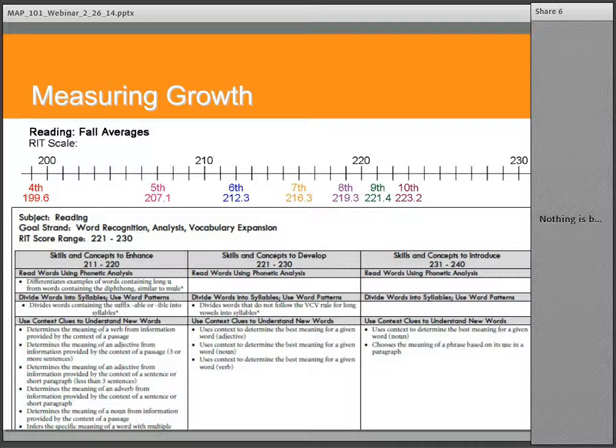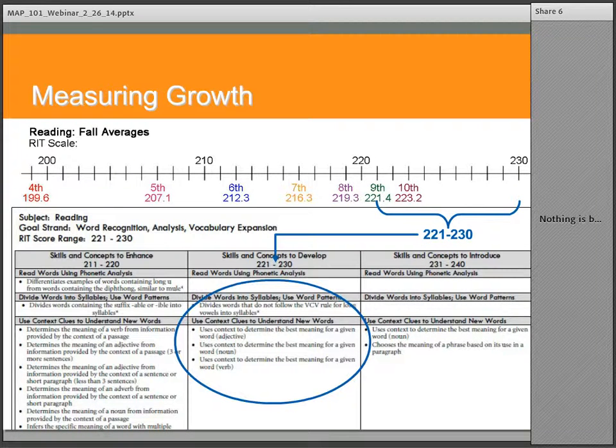And that student falls within that range right there. You notice that there are skills below from 211 to 220. Those are the concepts and the skills that the student is going to be able to know and do.